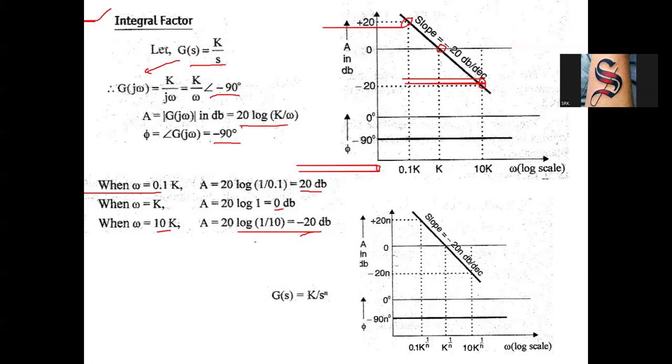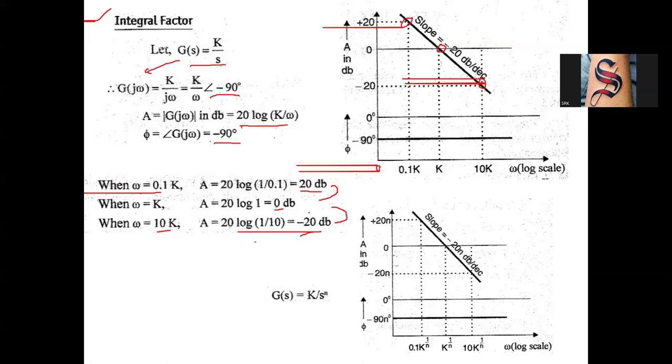Observe how the value changes from 0.1k to 10k: 20 decibels to minus 20 decibels. From here to here, what is the change? 20 decibels. And from 0 to here, how much is it changed? Again 20. Is it rising or decaying? It's decaying.